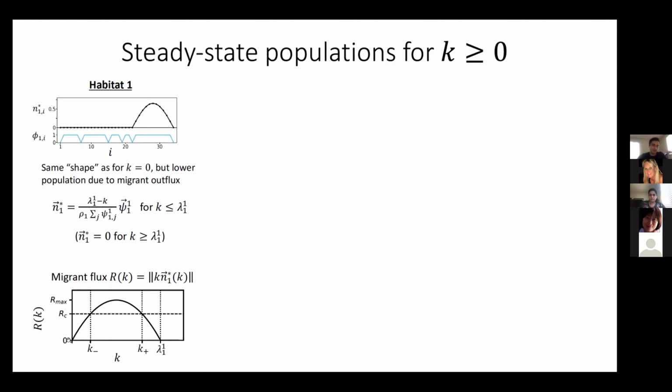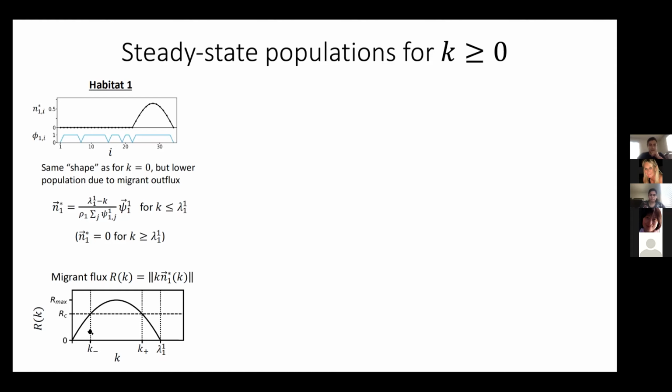When k is 0, as you would expect, there's 0 migrant flux because there's no migration. As you increase k, the migrant flux increases. But if you increase k far enough, the depletion of population in habitat 1 due to the exiting migrants causes the flux to actually decrease as k is increased too far.